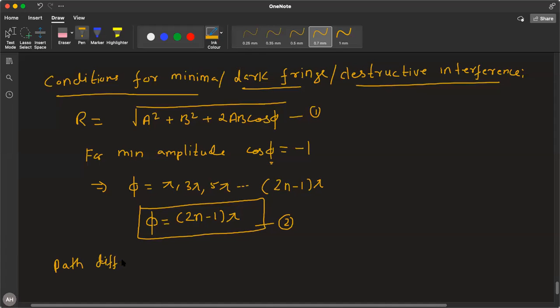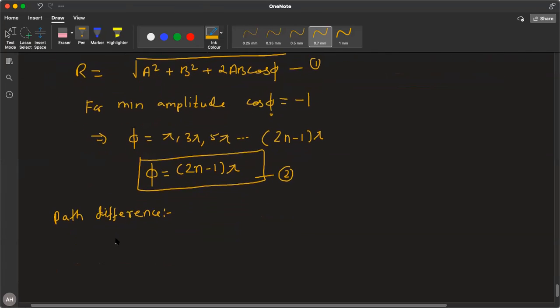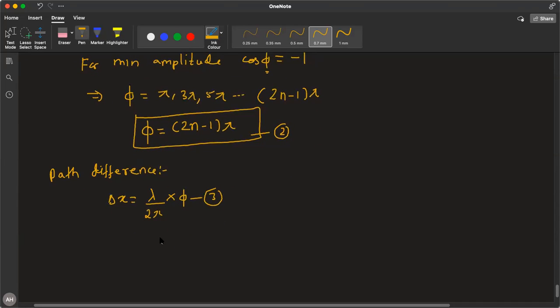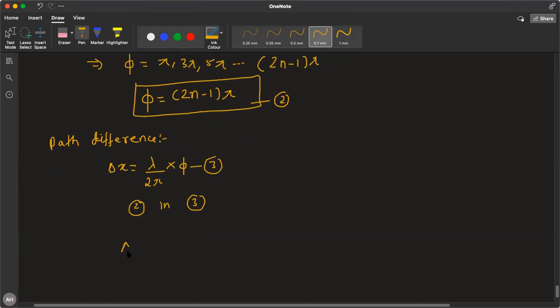Now I need path difference for destructive interference. So the expression of path difference is this. Path difference is lambda over 2 pi multiplied by the phase difference. That is equation number 3. So you can substitute 2 in 3. When you put 2 in 3, you will get path difference is lambda over 2 pi into phase difference, which is 2n minus 1 pi.